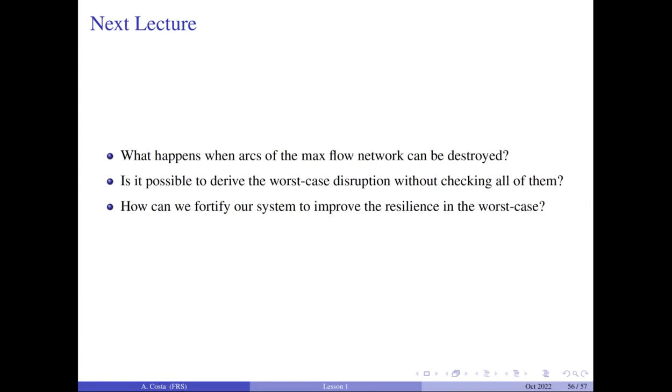So it's a kind of game theoretic framework where there are two players. You are the defender, the person that wants to send as much flow as possible, and then you have an enemy with the objective that is opposite of yours. He wants to decrease the flow, and to do that, he can destroy links of the network.